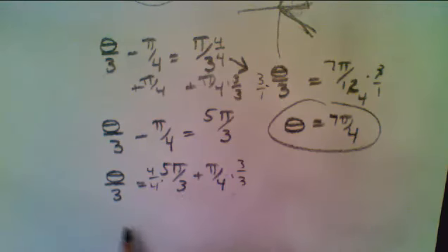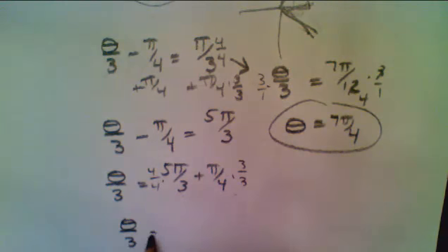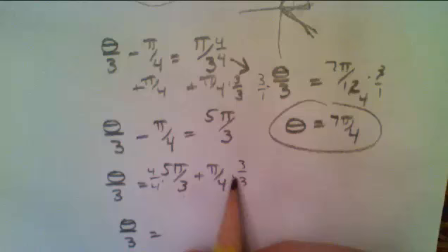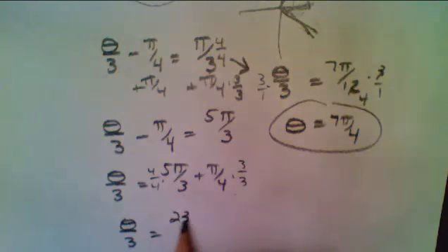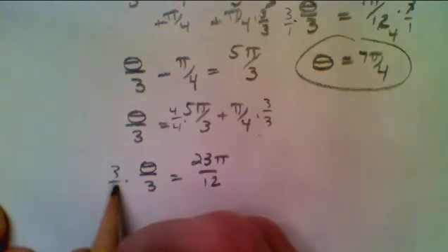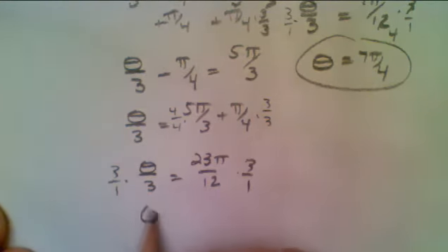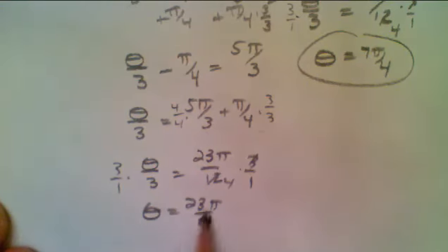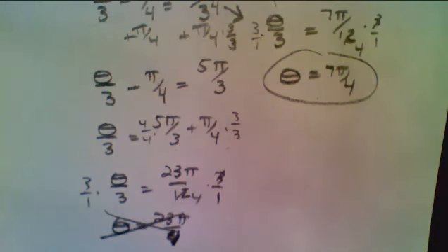So when I add those together, I get 23 pi over 12. Multiply by 3 over 1. Get theta equals, here's 4, 23 pi over 4. And that's way over 2 pi, so I cross that one off. So my only answer is the 7 pi over 4.